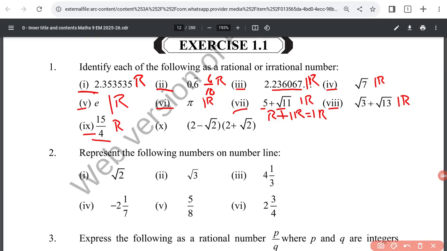The next part of this question is (2 minus square root of 2) multiplied by (2 plus square root of 2). So we know that we have a formula that (a minus b) multiplied by (a plus b) is equal to a square minus b square.